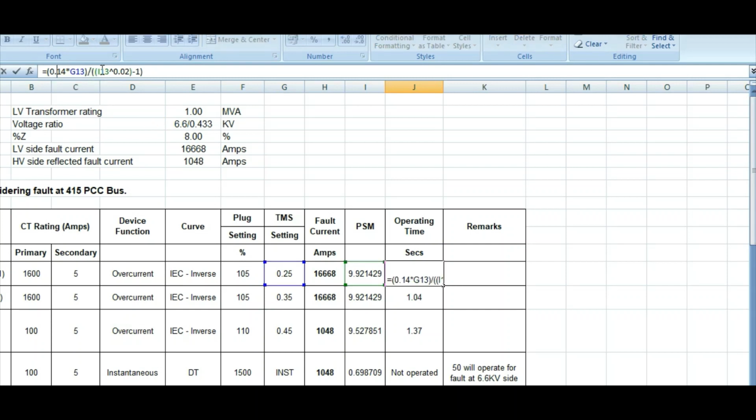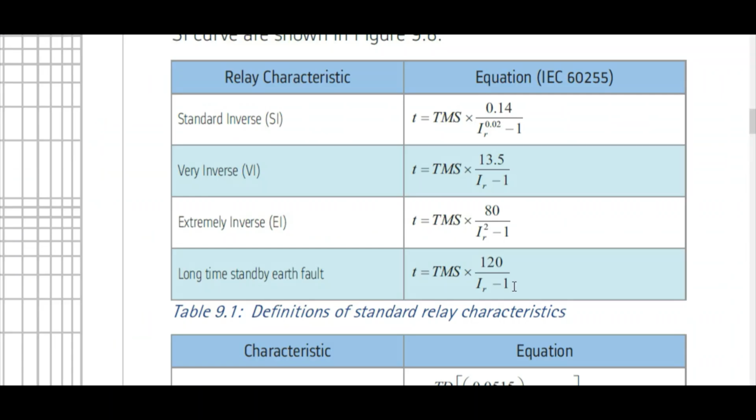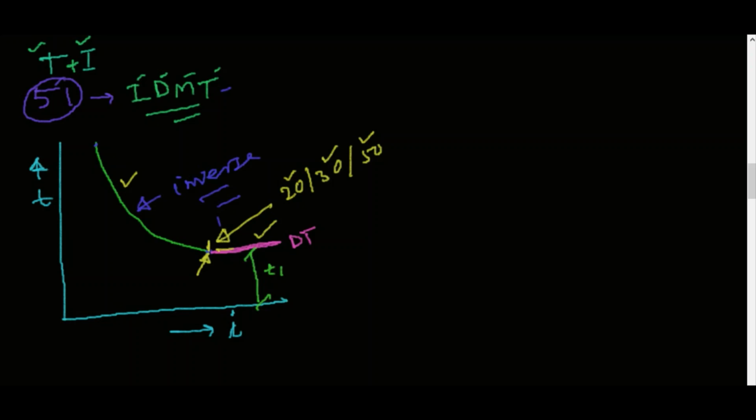This is the standard inverse IEC curve, with the formula 0.14 multiplied by TMS divided by IR to the power 0.02 minus 1, the same as what we have seen: t equals TMS into 0.14 divided by IR to the power 0.02 minus 1. So it follows this equation for the standard inverse curve. Now let's go back to our discussion.